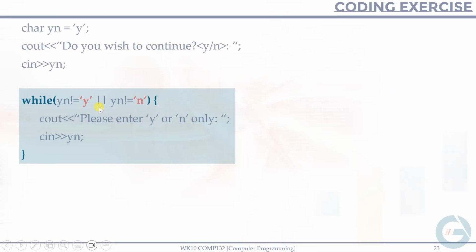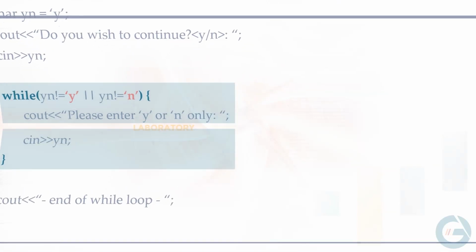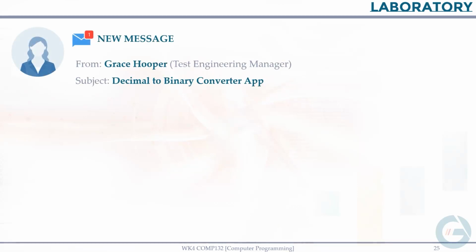Is it or, or and? Again, what logical operator are we going to use? To find out, please check this laboratory exercise, the decimal to binary converter app. See you there.